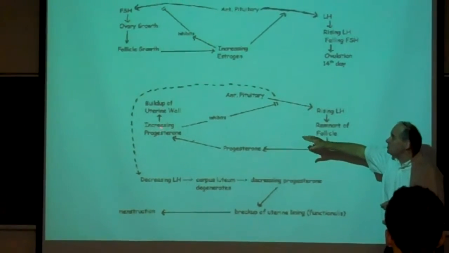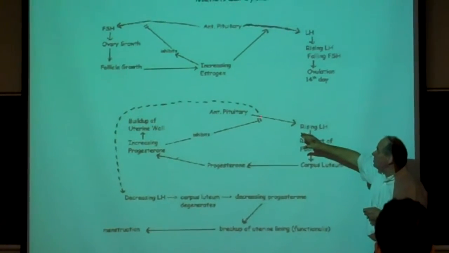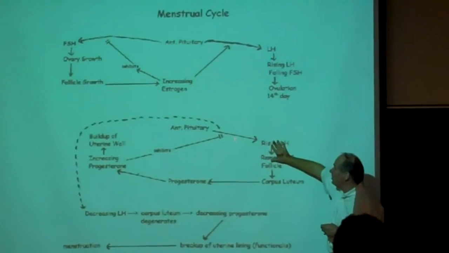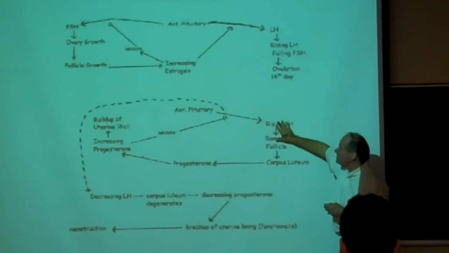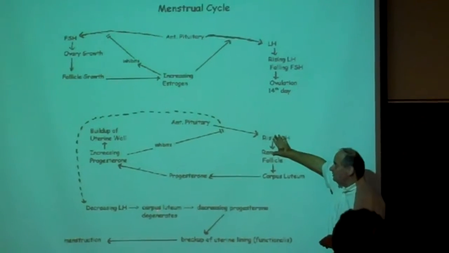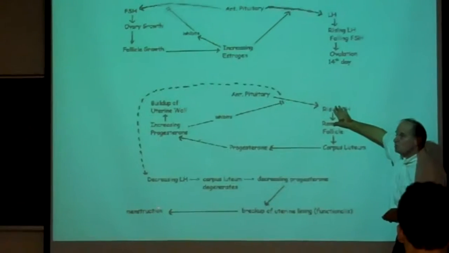As it increases to a level, it will inhibit the anterior pituitary, so it's going to stop the production of this. So then a decrease in LH, corpus luteum degenerates, decreasing progesterone, breakup of uterine wall, menstruation.